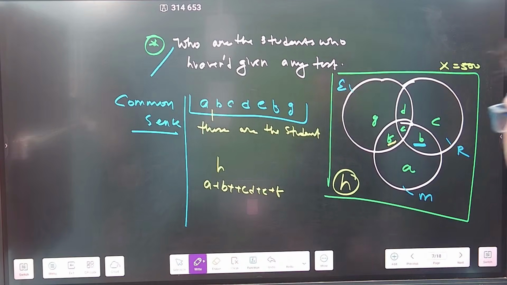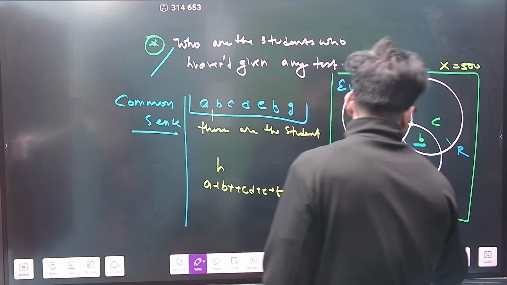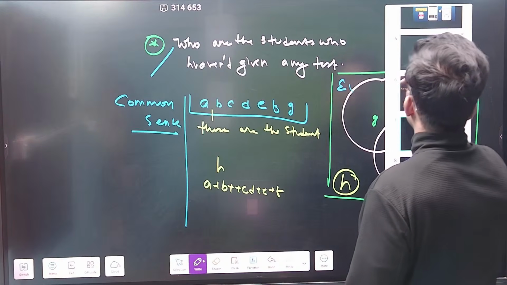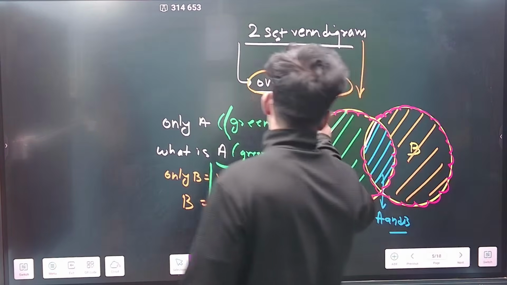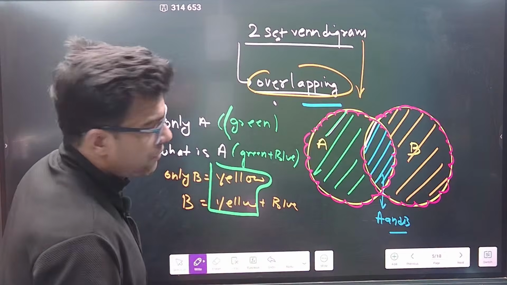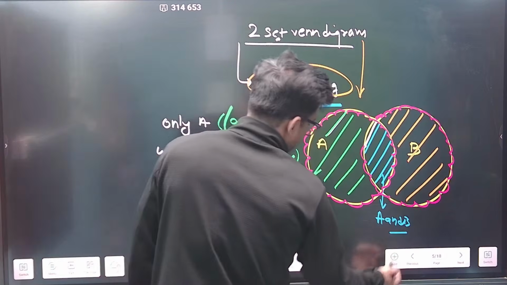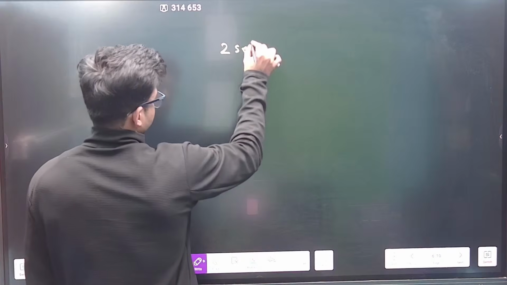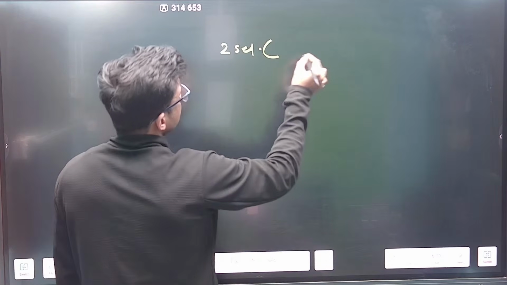Is this clear, everyone? See, the total kind of Venn diagram, which I will be guiding you through in my advanced course. So as I said, this is my 2-set Venn diagram. I was discussing the 3-set Venn diagram. So the Venn diagram is basically 2-set, which is very common.